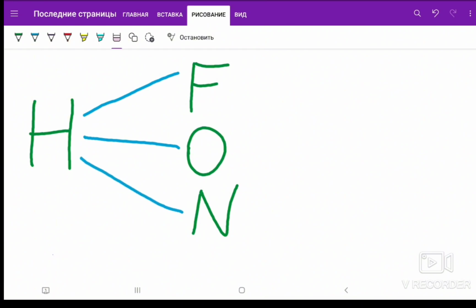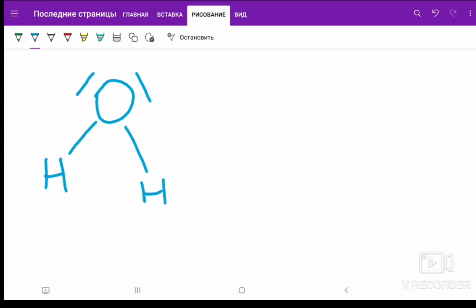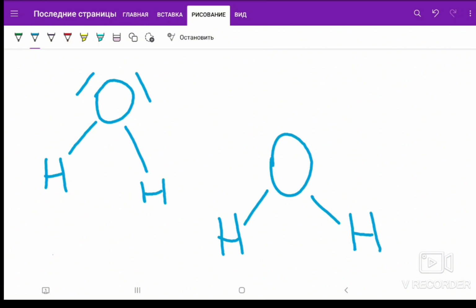Let's take an example. As an example, let's take water molecule. O, H, H. And let's take one more water molecule. O, H, H. Let's now see.